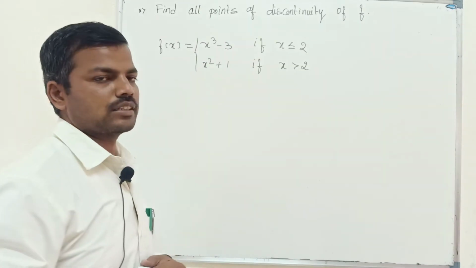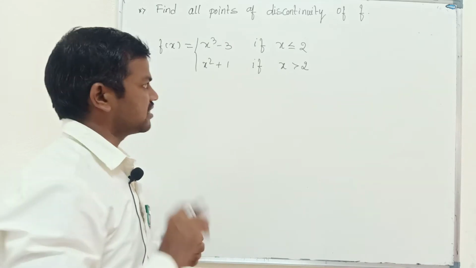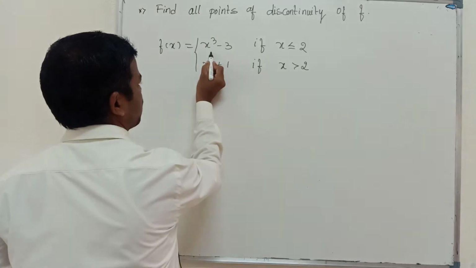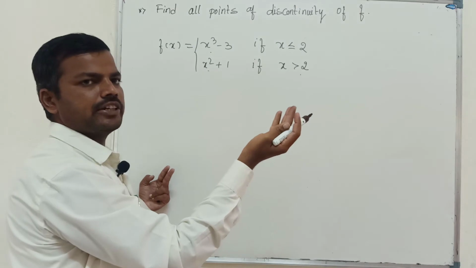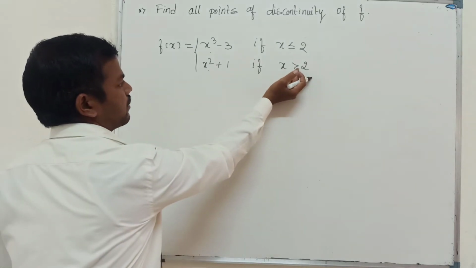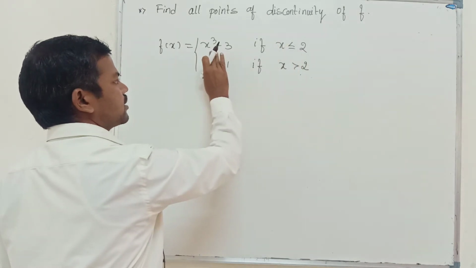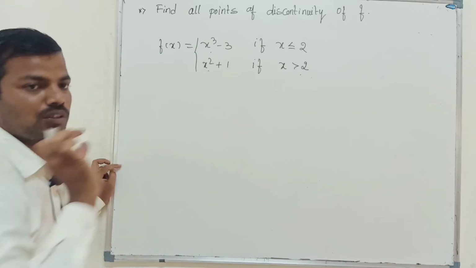Later we'll discuss whether it is continuous or not for greater than and less than. Already we came to know that less than 2 it is a polynomial, greater than 2 it is a polynomial. Every polynomial function is continuous. Therefore for greater than 2 the function is continuous, and for less than 2 the function is continuous. We only have to check at x equal to 2 what happens to the function.